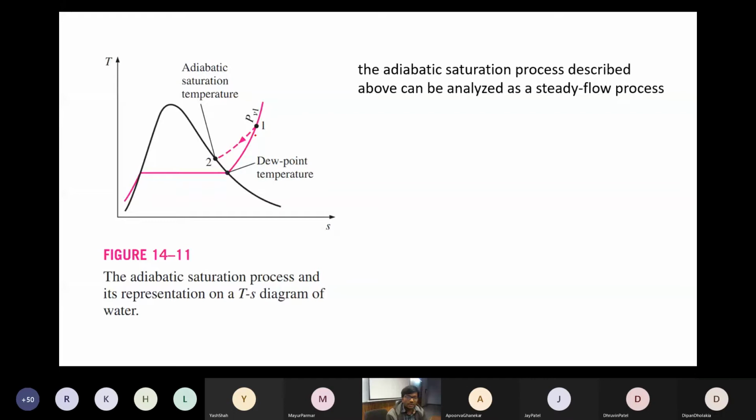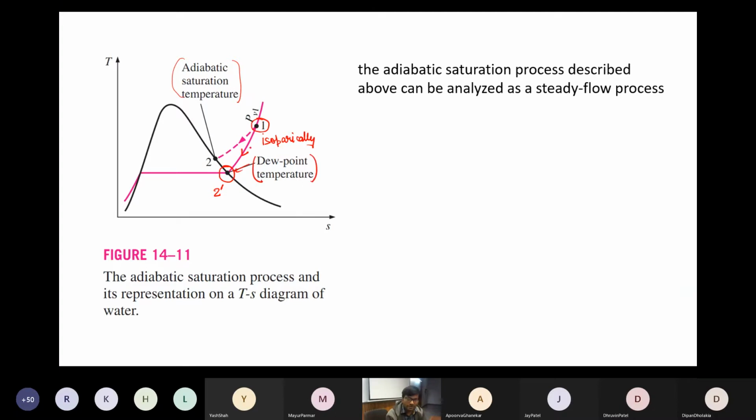Before the mathematical derivation, we also want to look at where this adiabatic saturation temperature falls on the T-s plot. We have already seen that from state 1 to state, let's suppose, 2 dash, when you go at constant pressure, isobarically, you reach the dew point temperature.